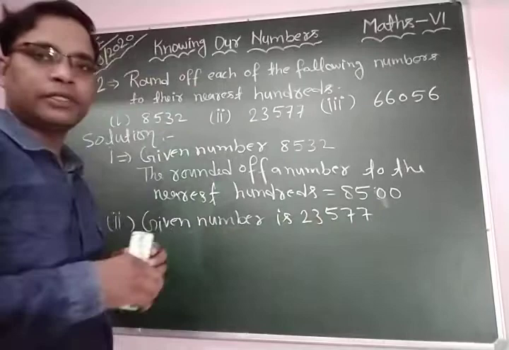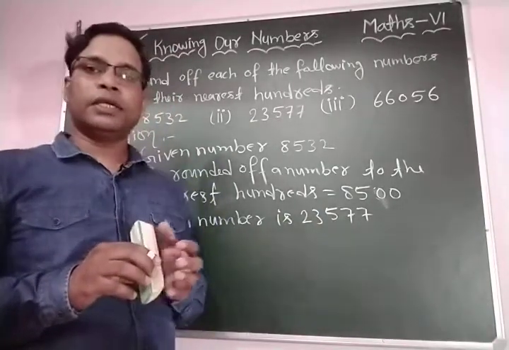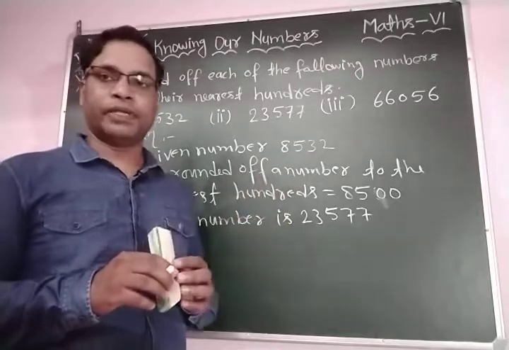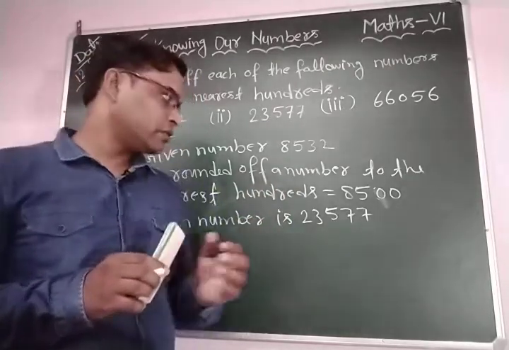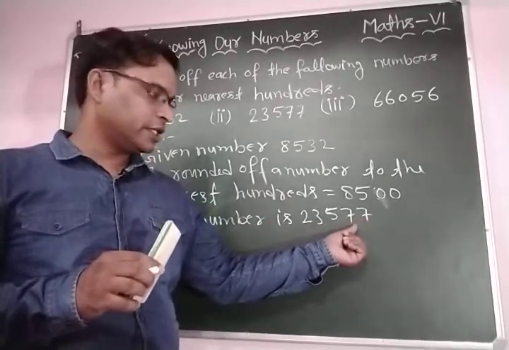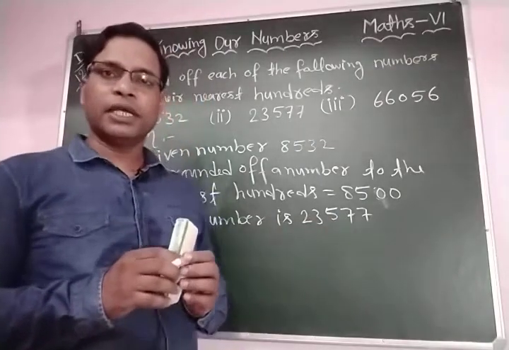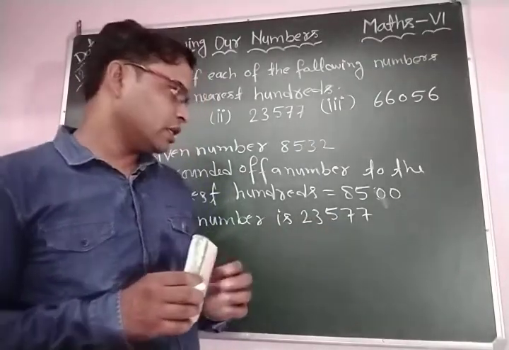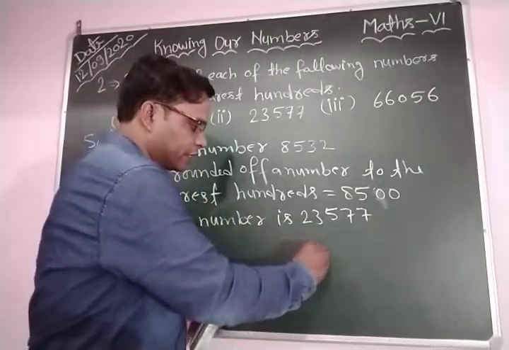This number is given, and we need to round it off to the 100 place. So for the 100 place we check the tens place. What is the tens place? You can see here, this is the ones place, this is the tens place. Both digits are 7, so we only check the tens place digit. The tens place digit is 7 here.